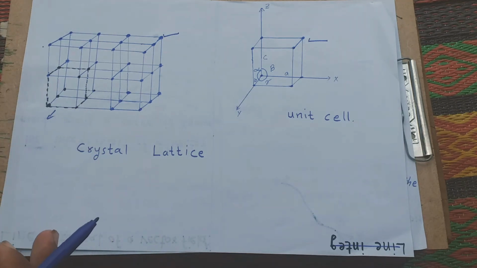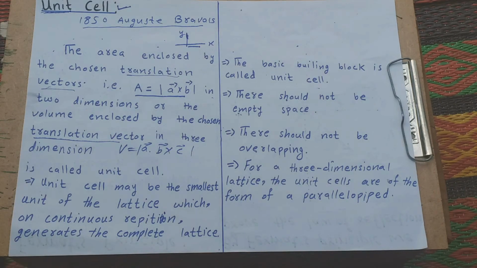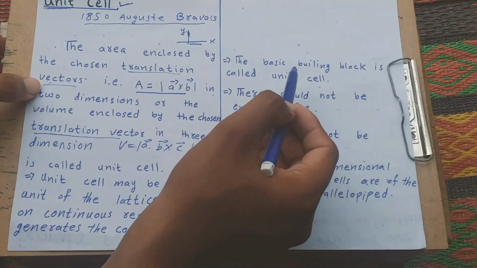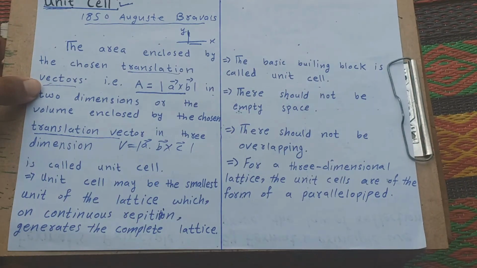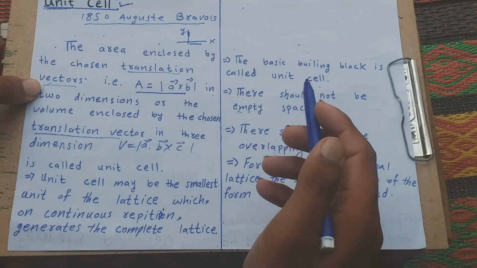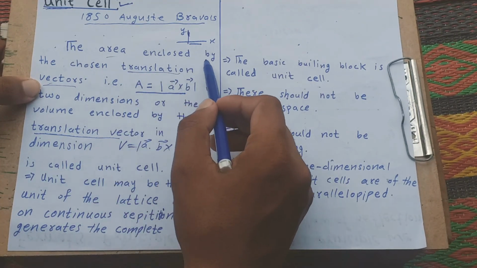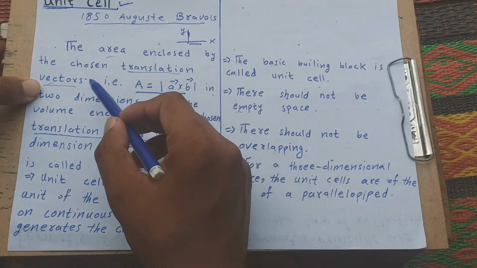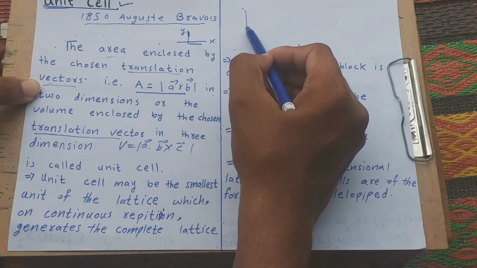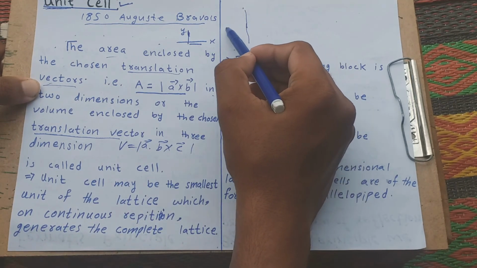Unit cell exists in crystals. The basic building block is called the unit cell. Also, here we define the area enclosed by the translation vector. We know that area exists in two dimensions.